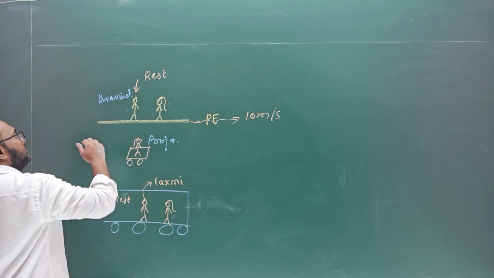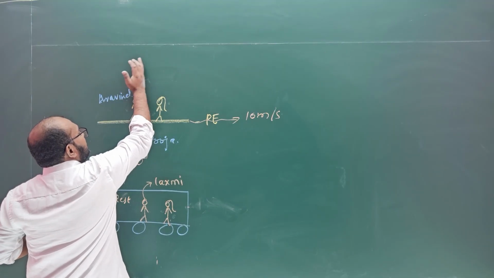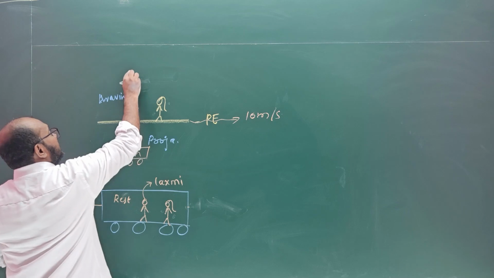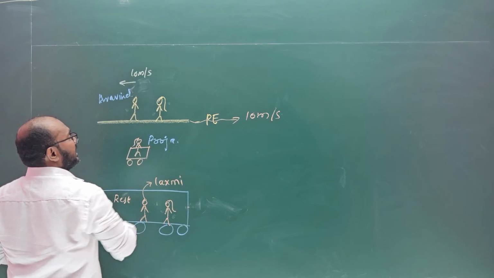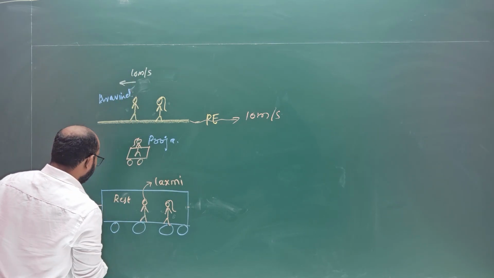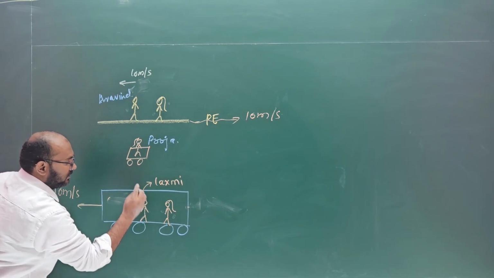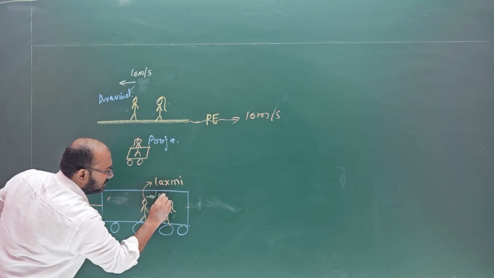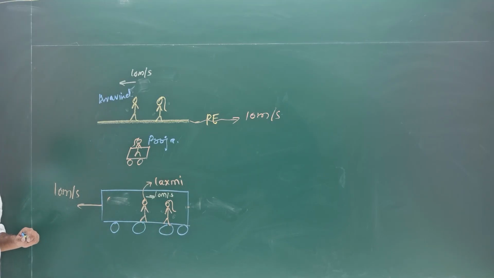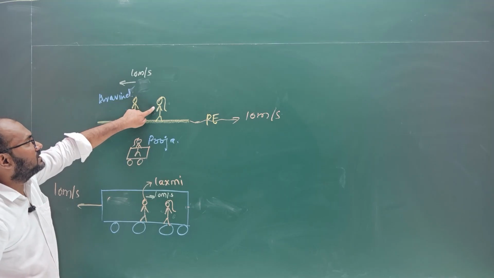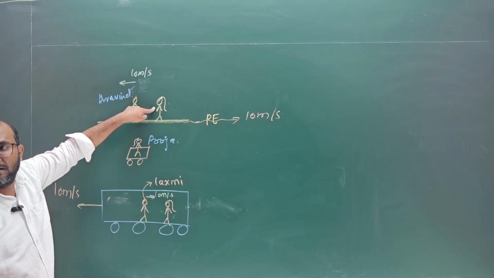Now, after rest, he is going in this direction by the same 10 meter per second velocity, and Lakshmi is going towards this girl by the same velocity, that is 10 meter per second. Okay. Now, what is the speed for this girl? First tell me for this girl.